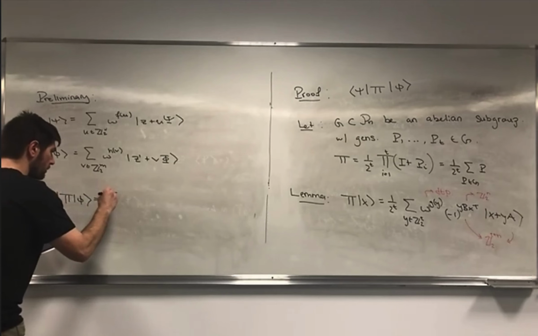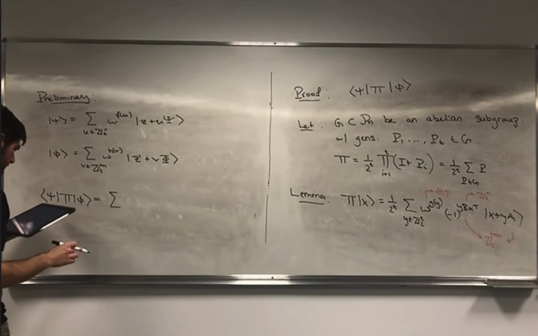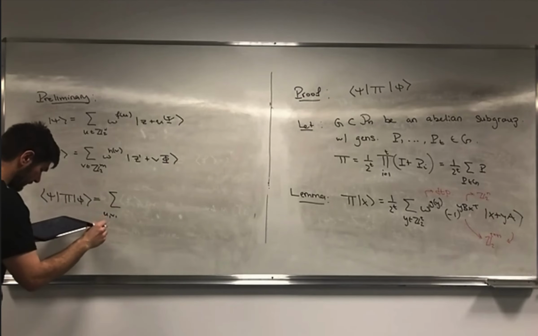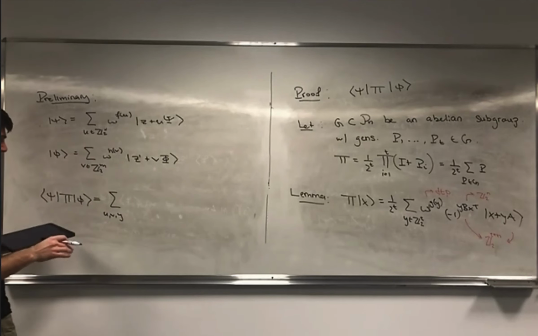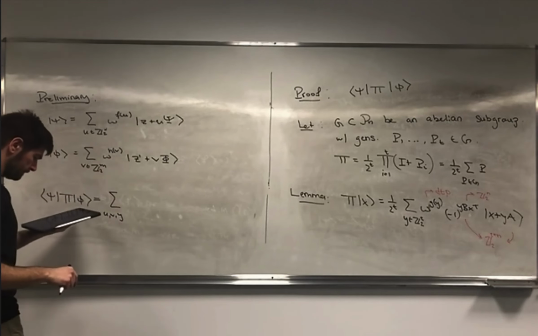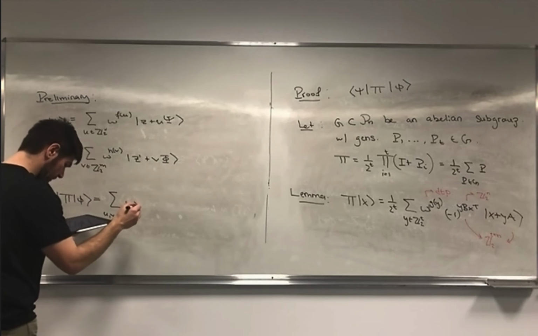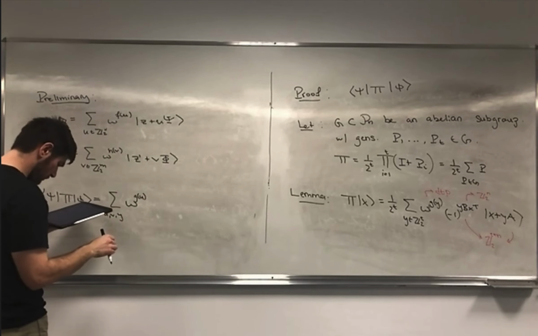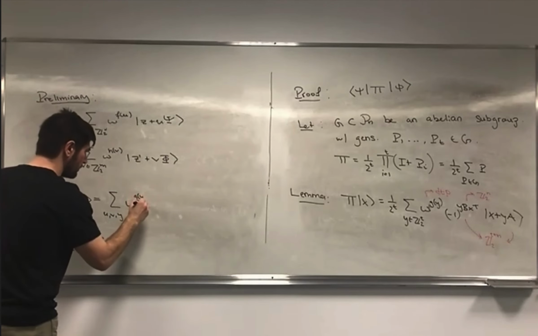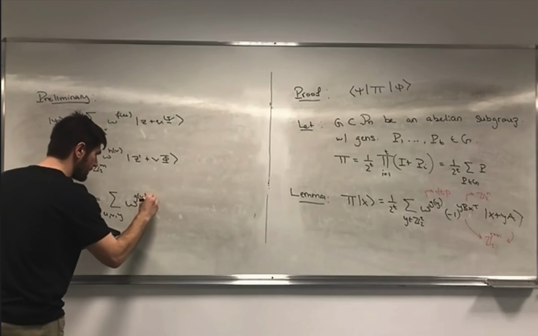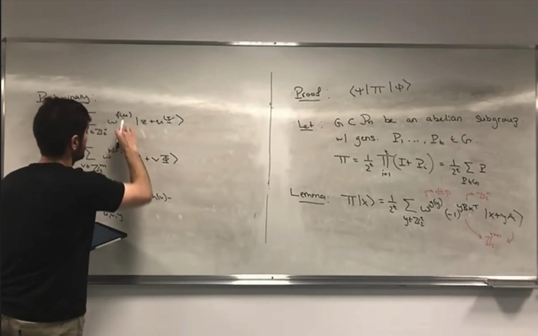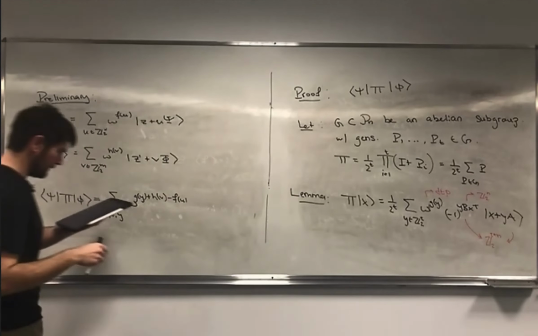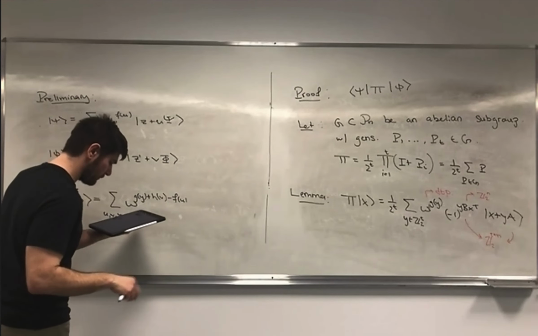So using the two lemmas and these expansions, we have a sum over, and I will not write all the domains of these summations for everything because we previously wrote it down. Sum over u, v, and y. So this is omega of g of y, sorry, that's g of y plus h of v minus f of u, because this is now a bra, minus f of u.